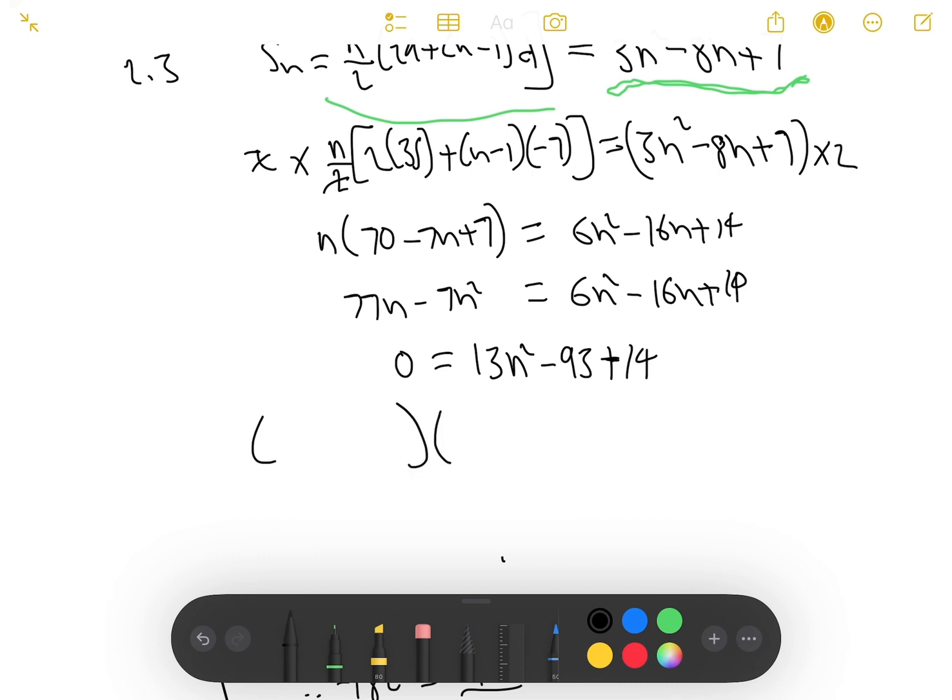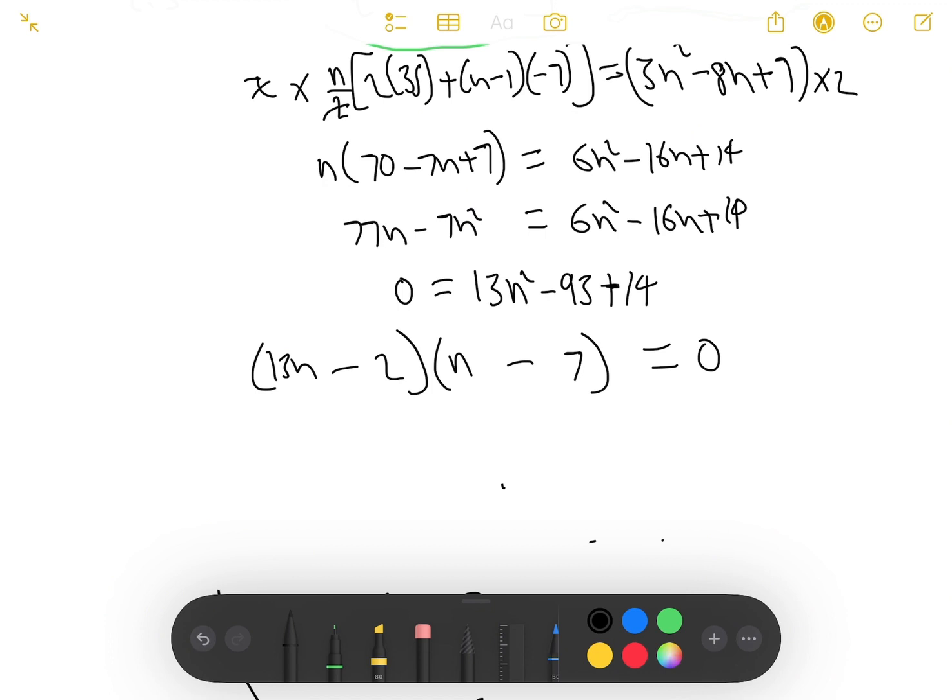Of which here we have the factors, everything equal to 0, 13n, and then we put n here. We need factors of 14 that are going to help us to achieve negative 93. So that is actually 7 and 2, both negative.